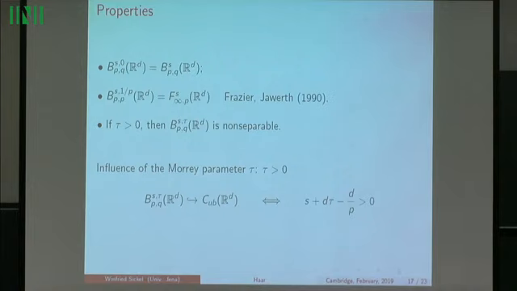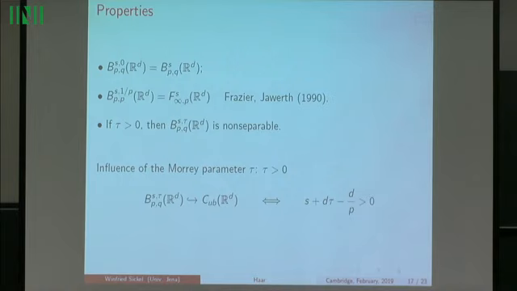But it's a nice fact that these spaces become a standard member in some sense of this scale. What is most important for my talk is that if tau is strictly larger than 0, then these spaces are non-separable. So it is meaningless to ask for a basis.